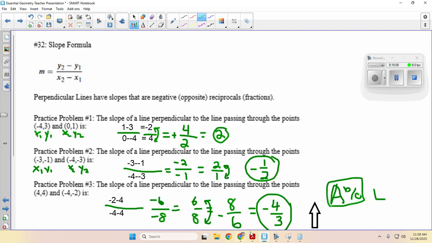The reducing part I'm not super worried about because you have a calculator that can help you with that. And if you guys need more help with that, I can walk you through it when I get back. All right, when everybody has this down, go ahead and move on to the next problem.